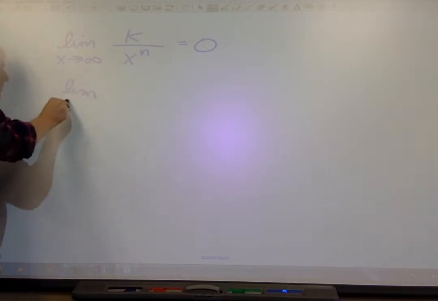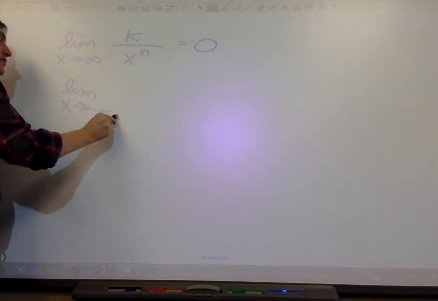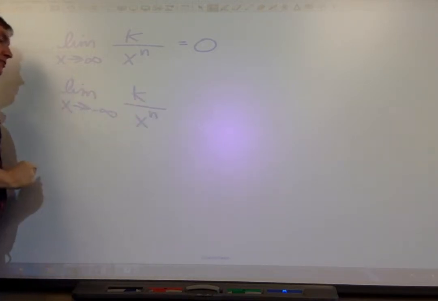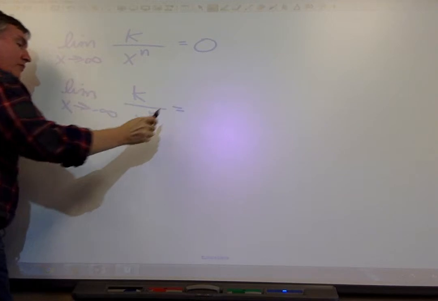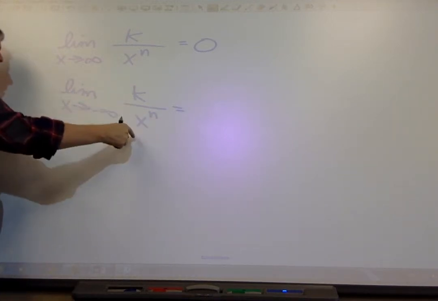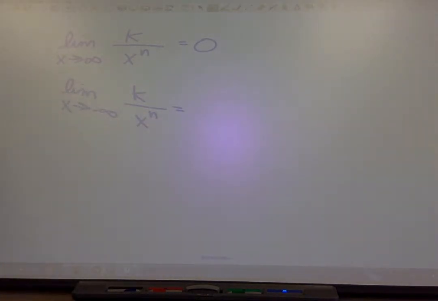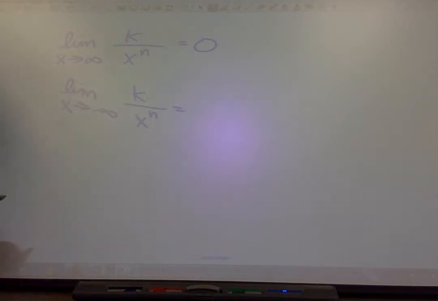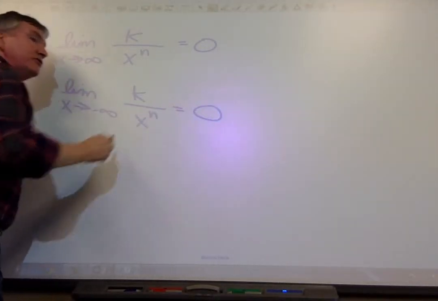Same thing, the limit as x approaches negative infinity of some constant over x to some power. I don't care what that denominator is, if it's negative 1 trillion, but the numerator stays 2 or stays 7, if that's a huge positive or negative number, that keeps getting closer and closer to 0, doesn't it?